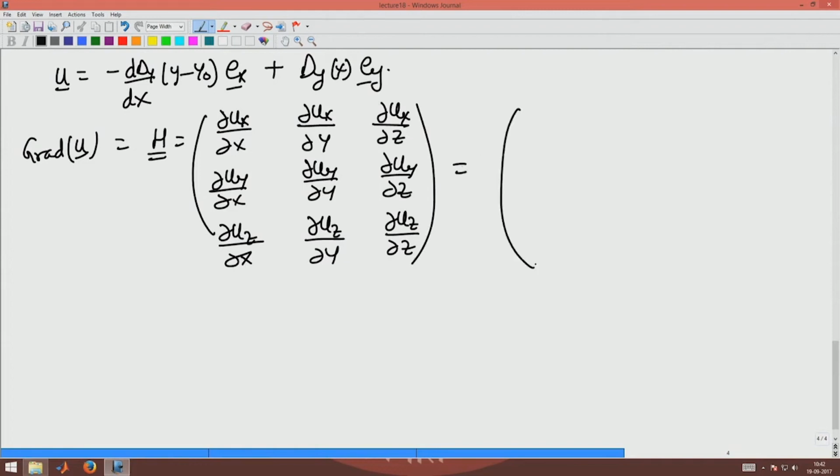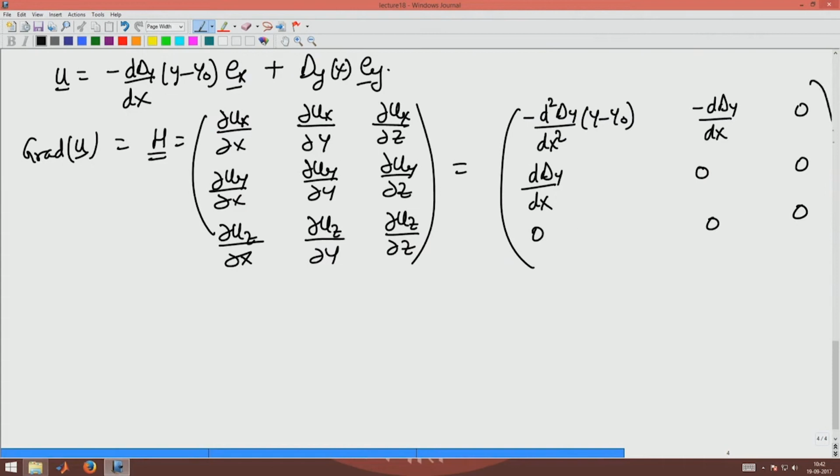If you recollect, we saw this when we were looking at strains. This for the assumed displacement field would be minus d square delta y by dx square into y minus y naught, minus d delta y by dx, 0, d delta y by dx, 0, 0, 0.